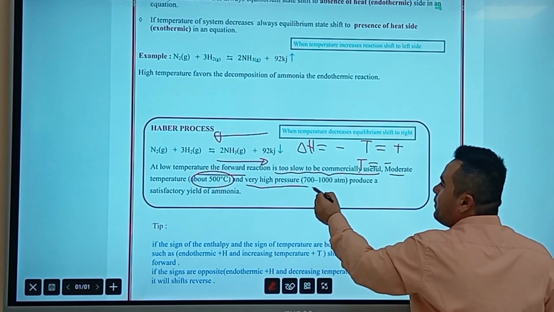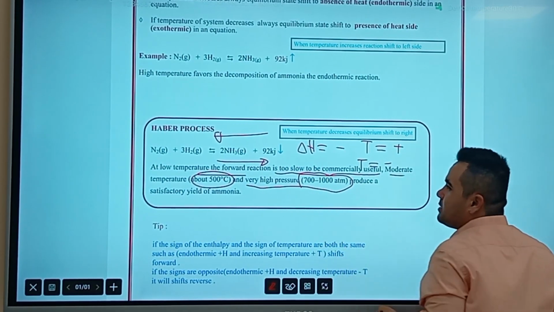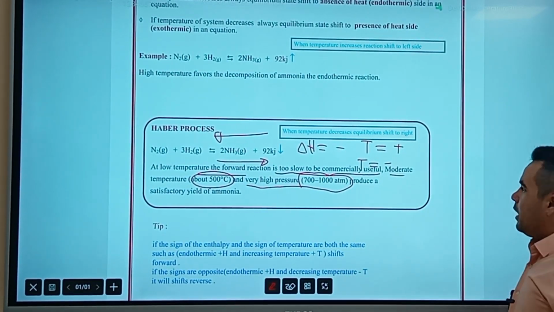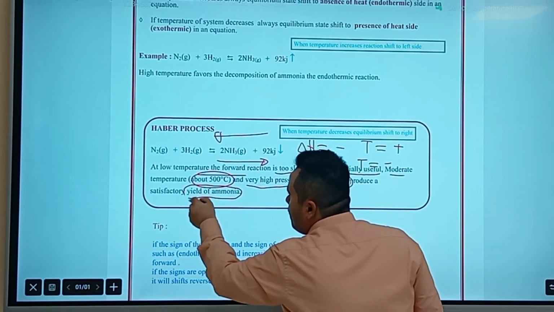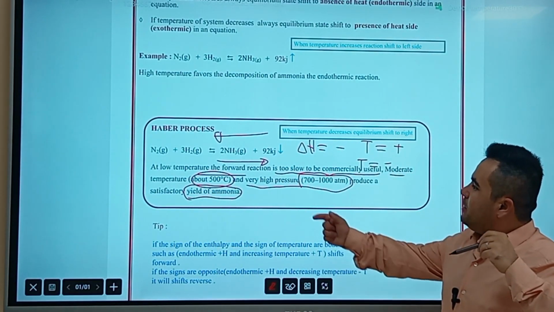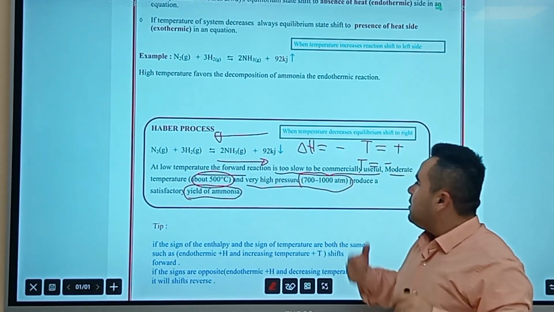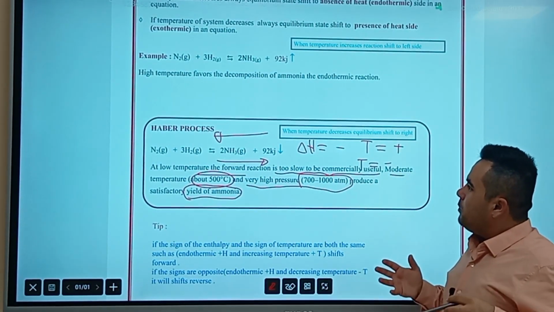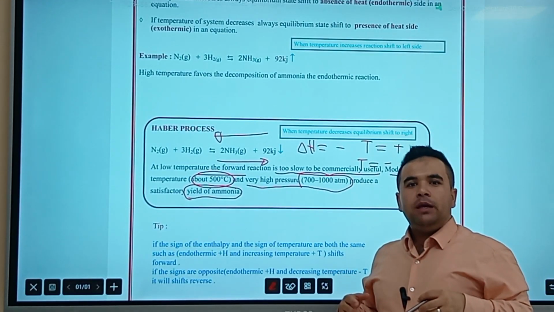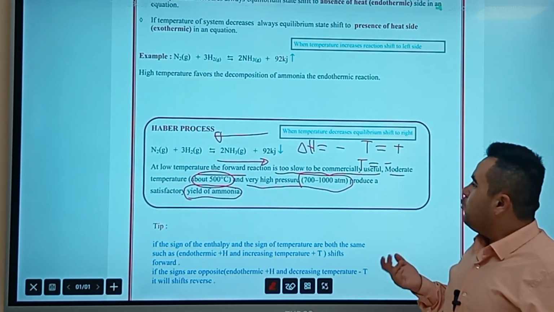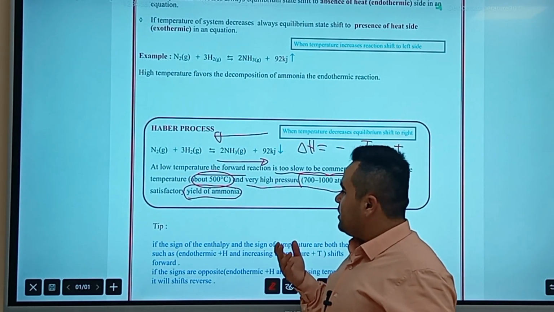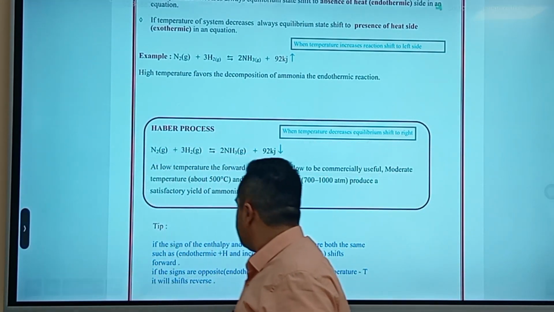And a very high pressure, almost 700 to 1000 atmospheres, produces a satisfactory yield of ammonia. So at this temperature and this pressure, the formation of ammonia will be high enough to be industrially produced.